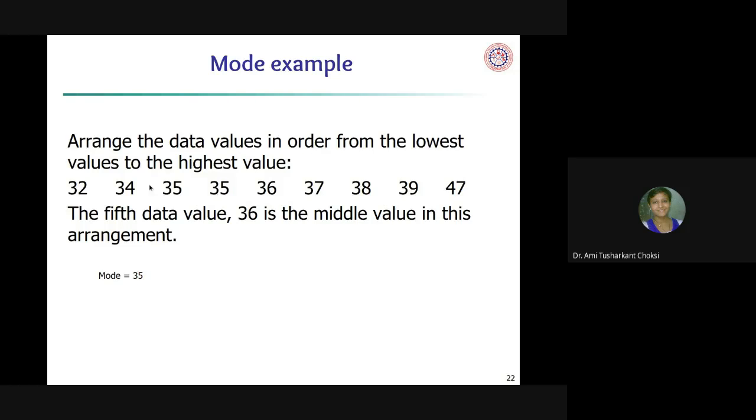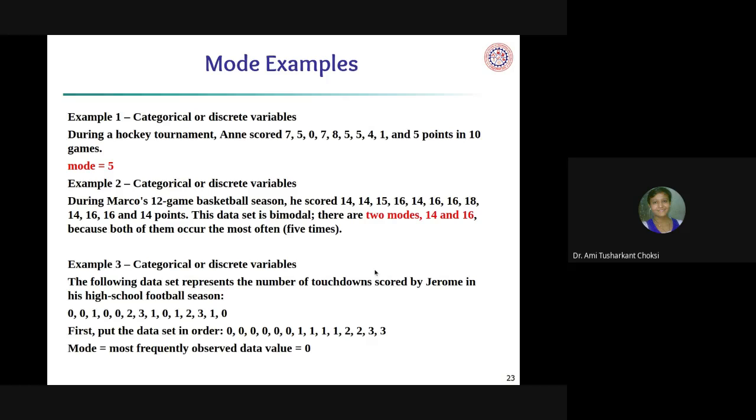So 35 is the mode of this particular data, right? If 35 is available twice and 36 also is available twice, then we can say that the data is bimodal. It has two modes. It can have more modes also. Fine.